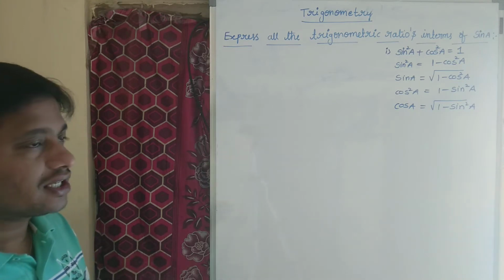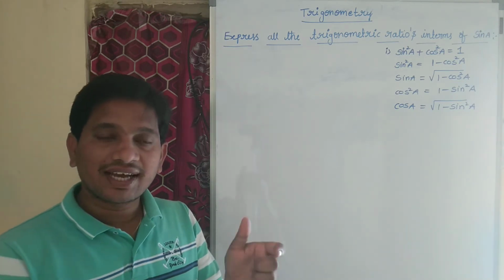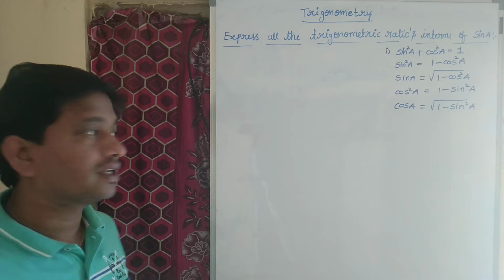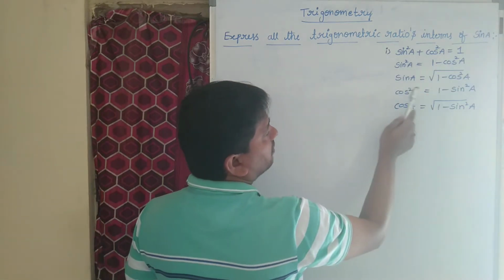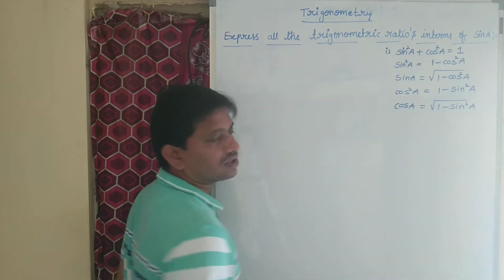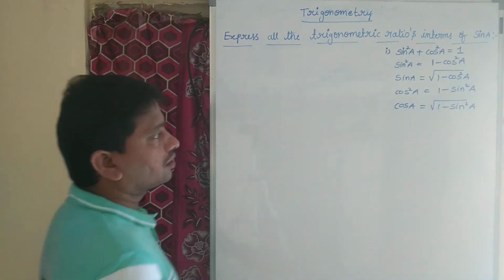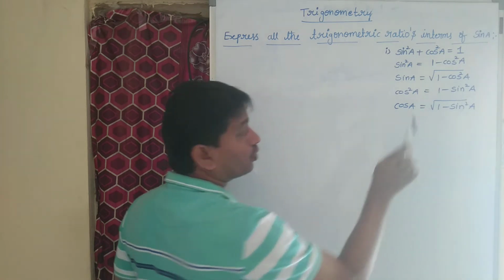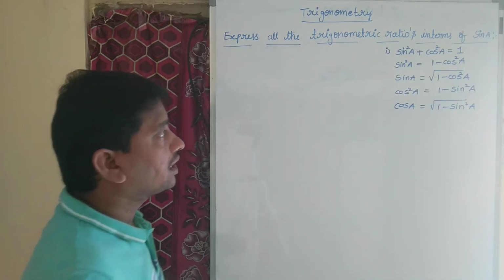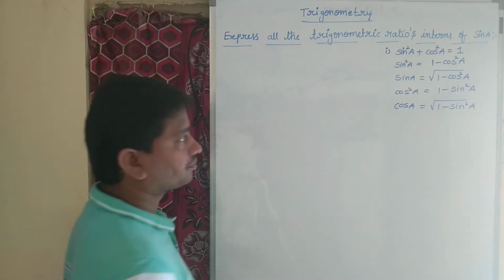So sin square A is 1 minus cos square A, whereas sin A is root over 1 minus cos square A. Whereas cos square A is 1 minus sin square A, but cos A is square root of 1 minus sin square A. That is our identity number 1.